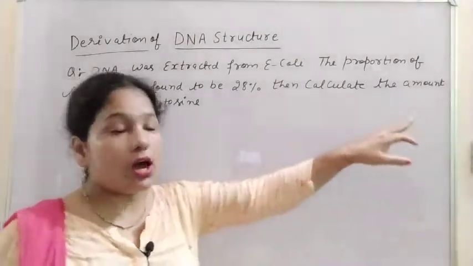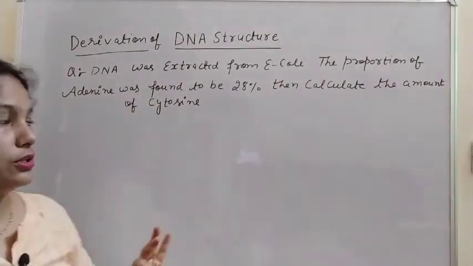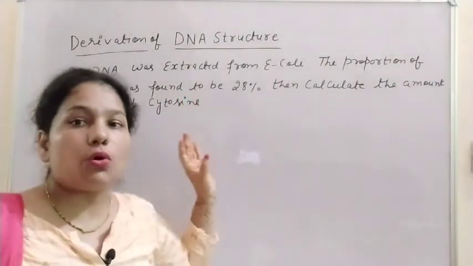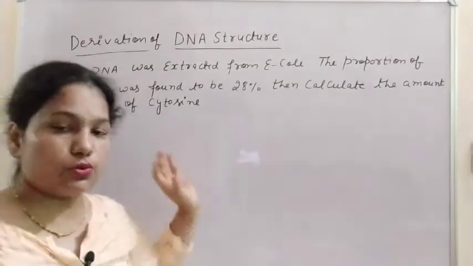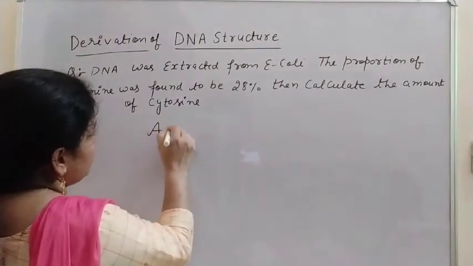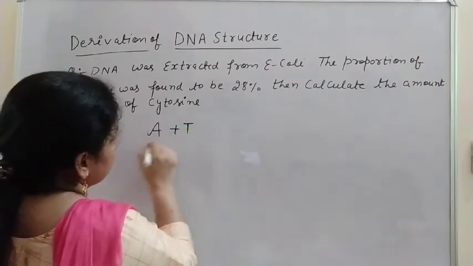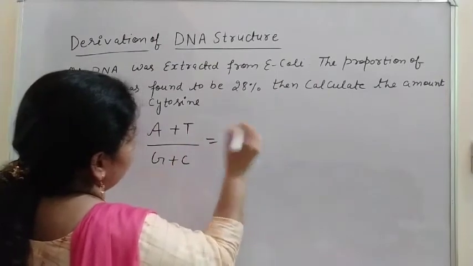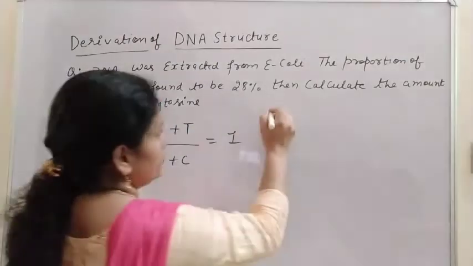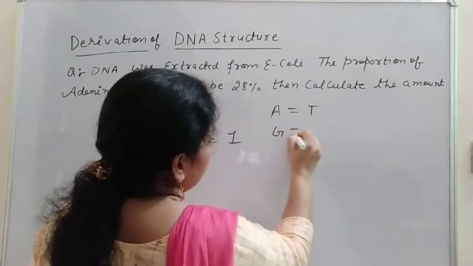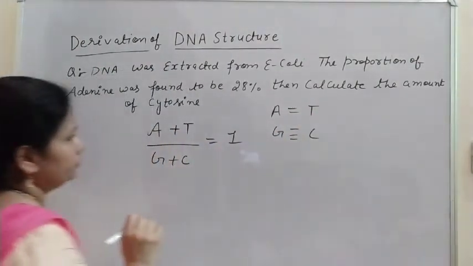Then calculate the amount of cytosine. तो हमें cytosine की जो amount है वो find out करनी है on the basis of Chargaff's rule. So according to Chargaff's rule, that is A plus G equal to T plus C, that is equal to 1. Or we can say A double bond T and G triple bond C.